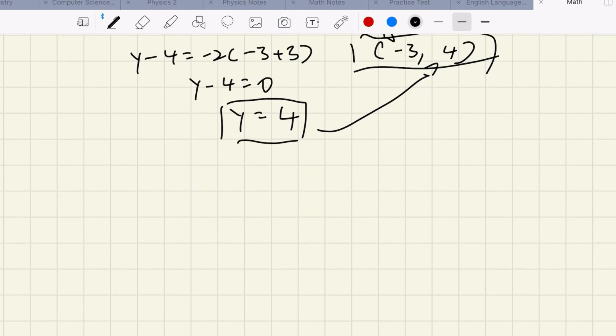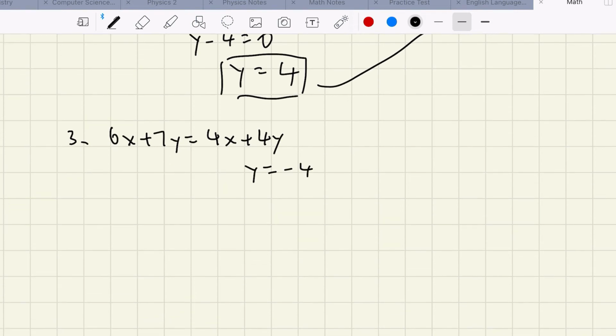Let's try a few more problems. 6x plus 7y equals 4x plus 4y, and it's given that y equals negative 4 is a solution. So what you want to do here is actually simplify the equation first, because as you can see there are two x terms, so you could just simplify them to make the calculation afterwards easier.